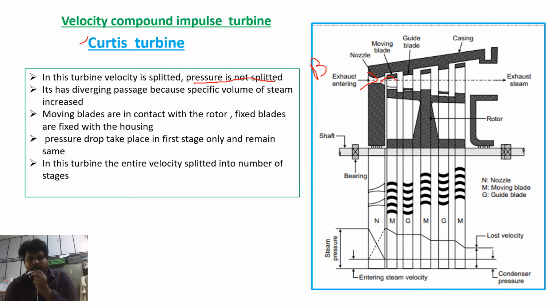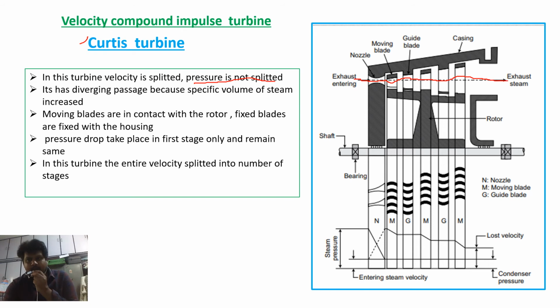Okay, but here, since it has different types of blades, initially the steam passes through the nozzle, from the nozzle it will enter into the moving blade, from the moving blade it enters into the guiding blade, and again from the guiding blade it will enter into the moving blade.